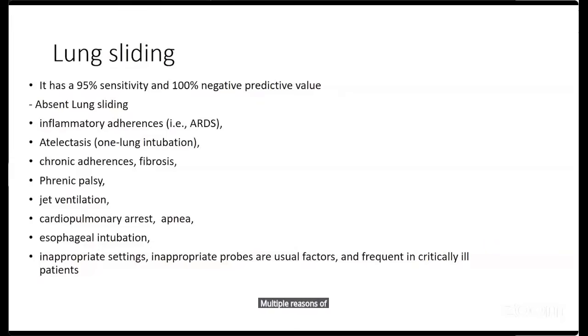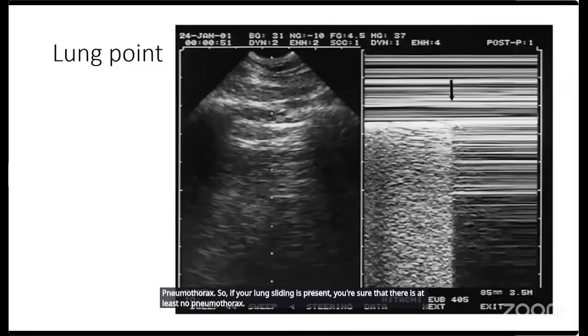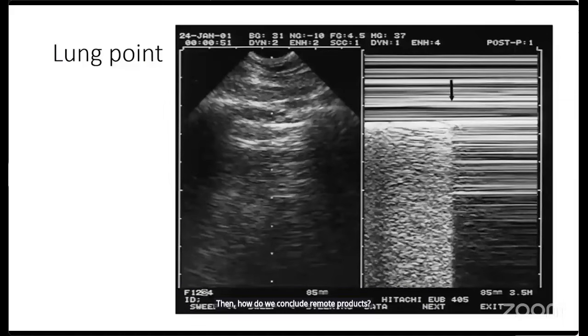Important to understand is that if there is lung sliding present, then it has a 100% negative predictive value for pneumothorax. So if your lung sliding is present, you are sure that there is at least no pneumothorax. Then how do we conclude pneumothorax? If you can see the lung point. What is the lung point?